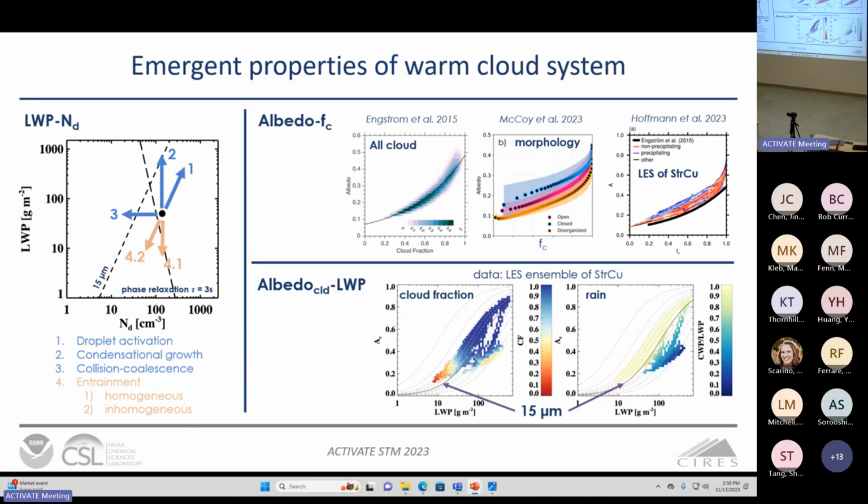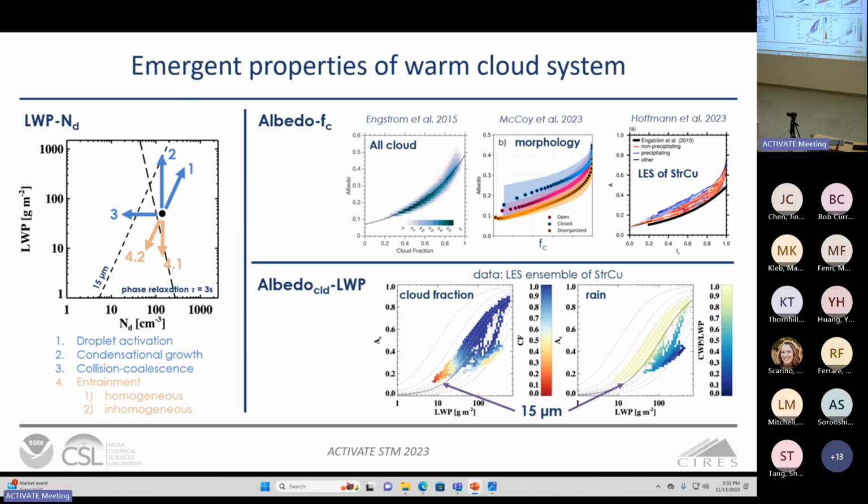The reason that we chose this geophysical variable space is that even though we focus on the macrophysical properties, we can infer some process-level understanding. For example, in this phase diagram, we can highlight some directions that we think are consistent with our physical understanding of the cloud system.